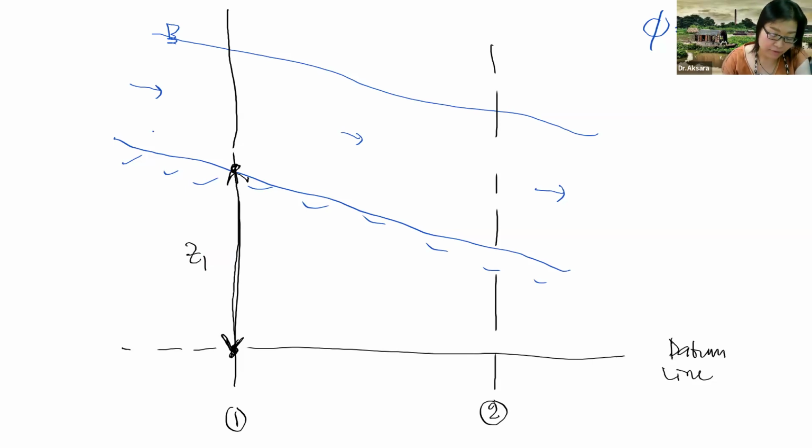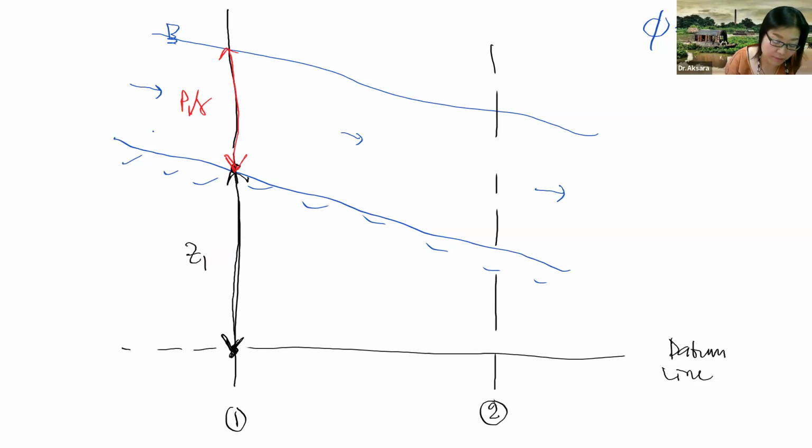And then the pressure head for cross section 1 is the measure from the bottom of the channel to the water surface. That is P1 over gamma. So that's the pressure head. It's the same for section 2.